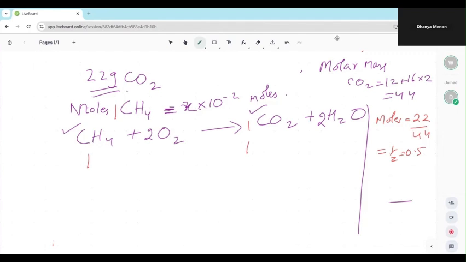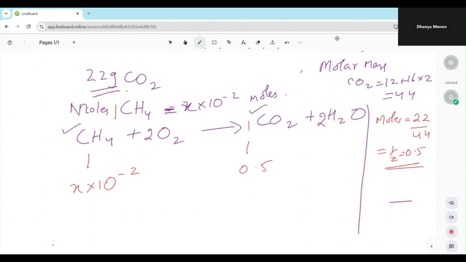So how many moles of methane, that is x times 10 raised to minus 2 moles of methane, will give you 0.5 moles of carbon dioxide, because we already found out the number of moles of carbon dioxide.